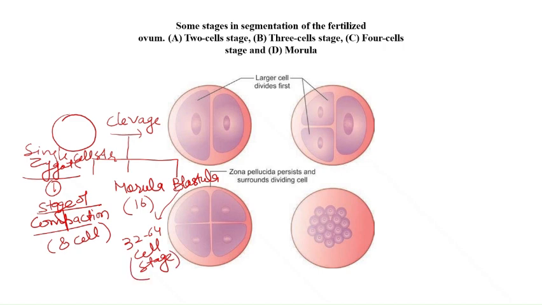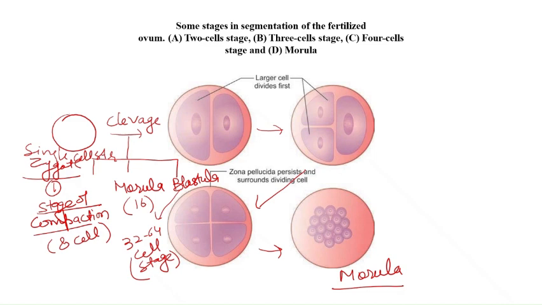So as you can see, this fertilized ovum is divided into 2 cell, 3 cell, and so on structure. And finally, we got the morula stage. This is the morula stage.